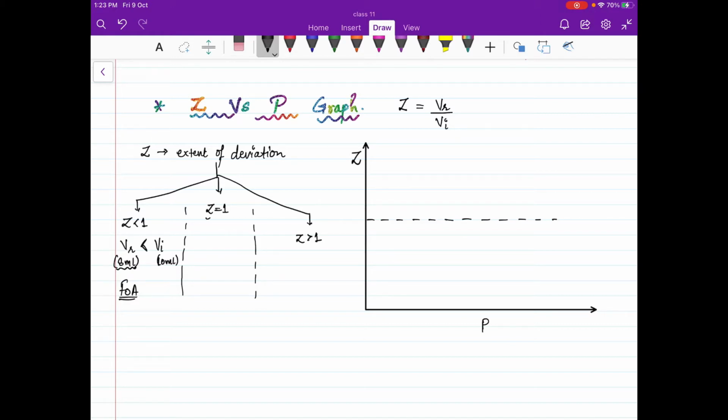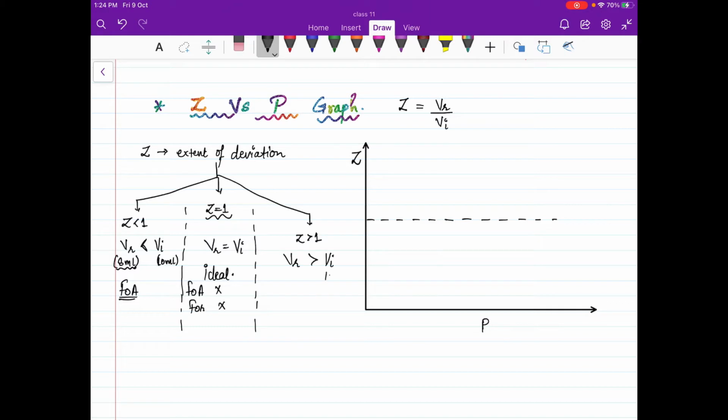Similarly, if Z is equal to 1, then V real is almost equal to V ideal. This is the case where ideal gases come, and in the case of ideal gases there is no force of attraction or force of repulsion. That is what we have seen in the kinetic molecular theory of gases. And if Z is greater than 1, that means V real is greater than V ideal. That means your ideal volume is lesser than the volume that you get experimentally.